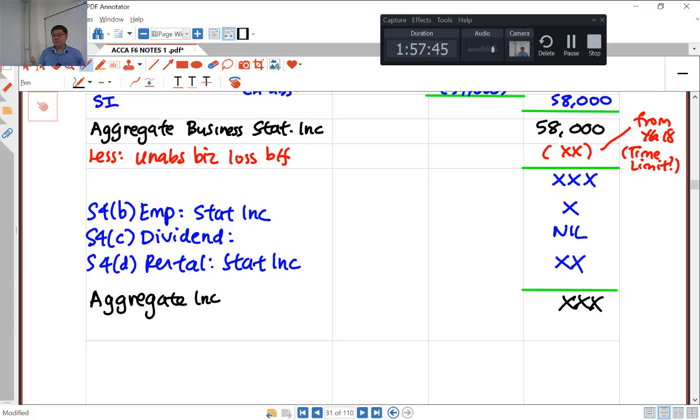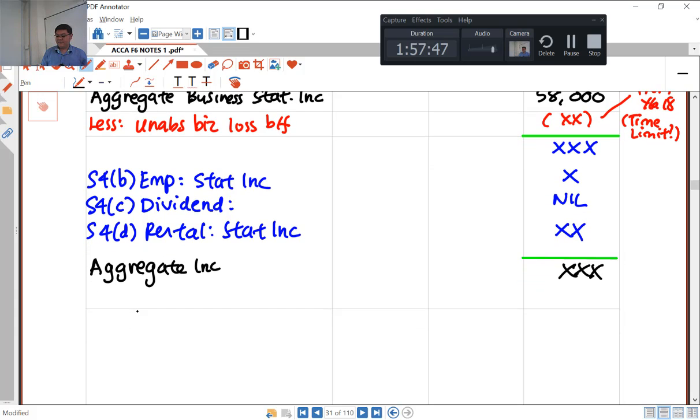Now, what do you do once you've come to aggregate? There are two things you claim. One, you claim current year business loss. Like in this example, there's a current year business loss just now of 30,000.